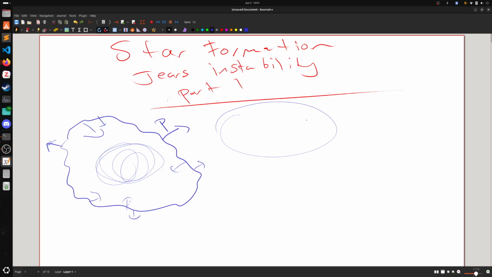Well, what's going to happen is gravity is going to want to collapse in on that, right? And what's the timescale for gravity to act? That's called the free fall timescale. We'll derive this in a second. And then the question is, how long will pressure take to smoothen out that density, right? Because gravity is going to want to make that more dense, while pressure is going to want to make that less dense.